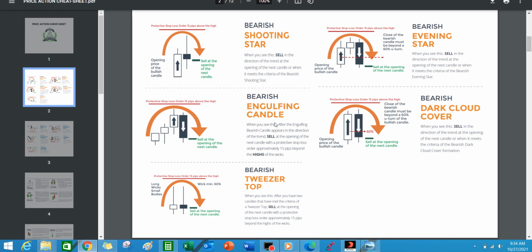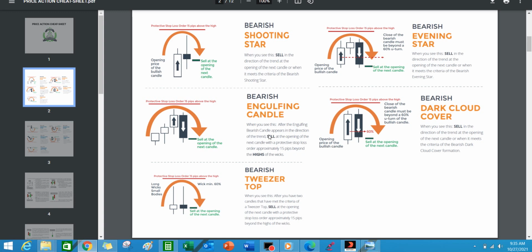When the engulfing bearish candle appears, which is this, you can see it came out longer than the bullish candle. The body started almost at the same place, but shoots out longer than the last bullish candle. Which means it is a bearish engulfing candle. It means that it is the beginning of a sell trend.